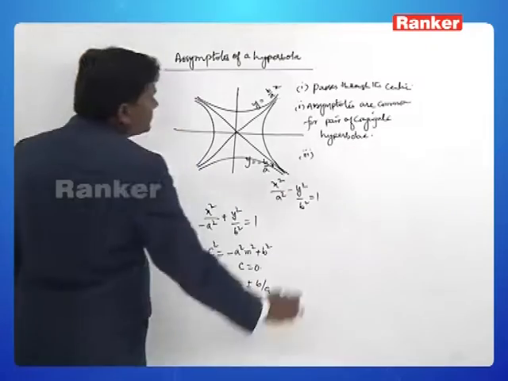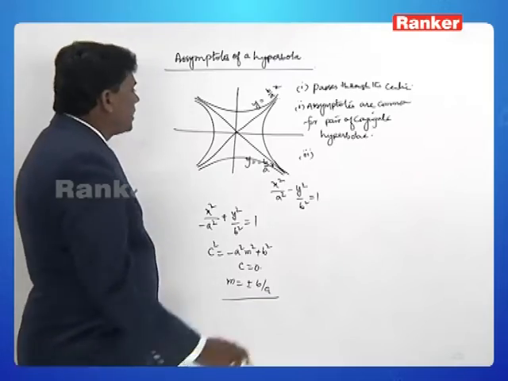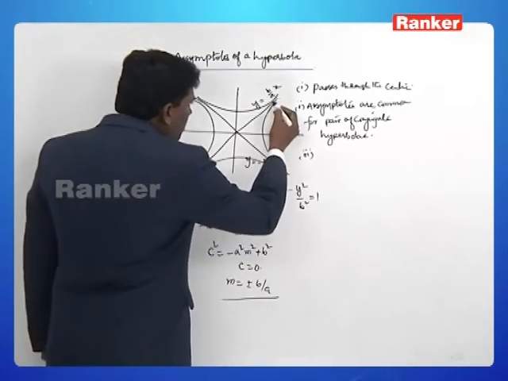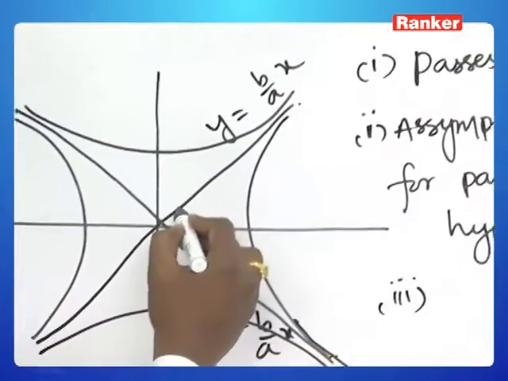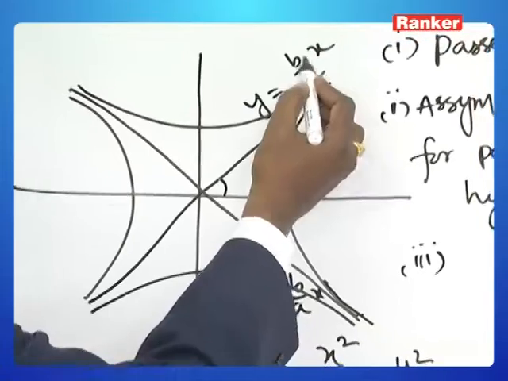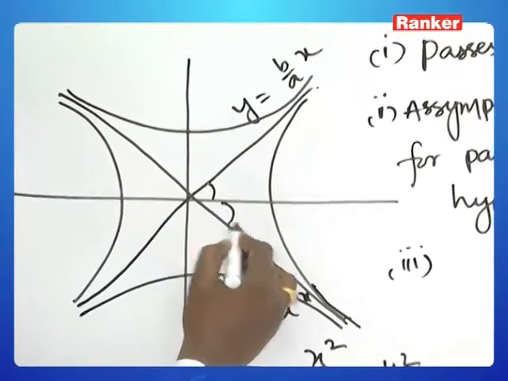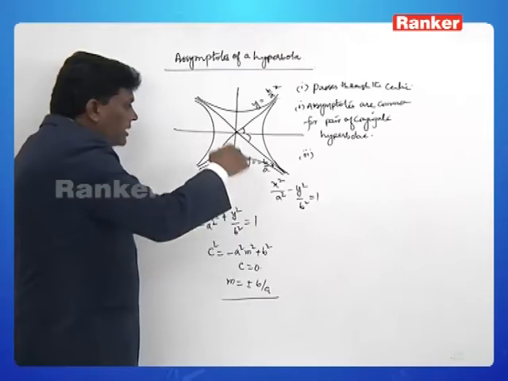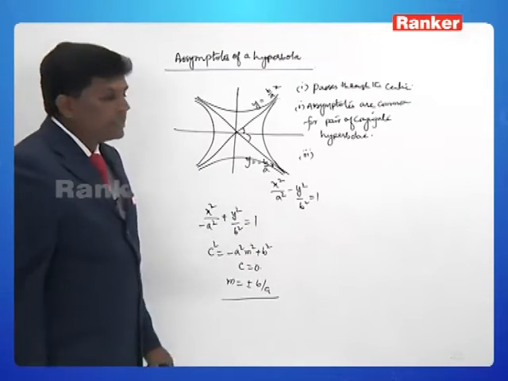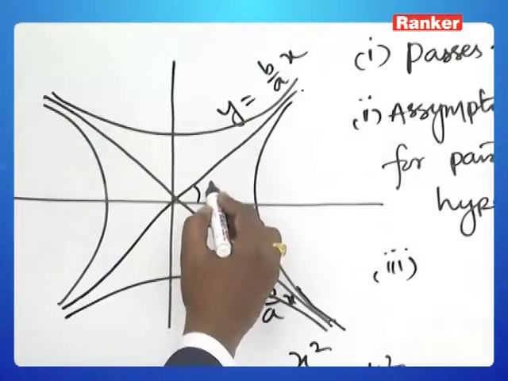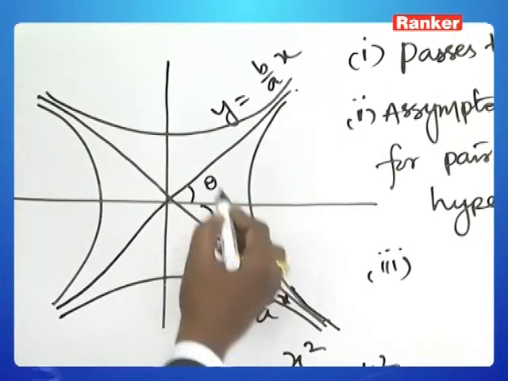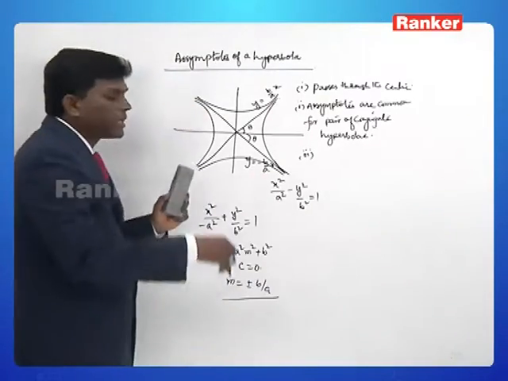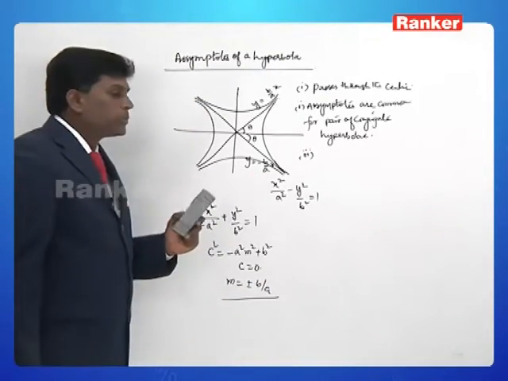Third one, point number 3. If we observe closely, this slope is b by a, tan inverse b by a is the inclination. This inclination is tan inverse minus b by a, which are numerically the same but opposite in sign. Therefore, if you take this as theta, this is also theta numerically, but the angle between these two will become 2 theta.